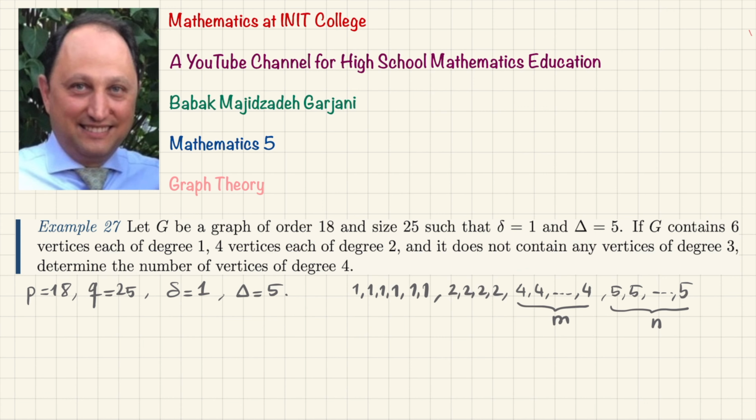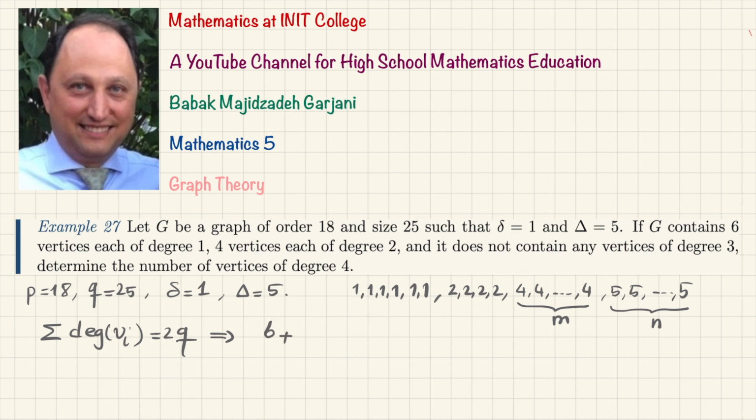On the other hand, we know that sigma, the total degree, if I add the degrees, becomes 2 times the size. We just showed this formula. So if I add these numbers, it should be 2 times 25. If I add the degrees, I have 6 ones, which add up to 6.